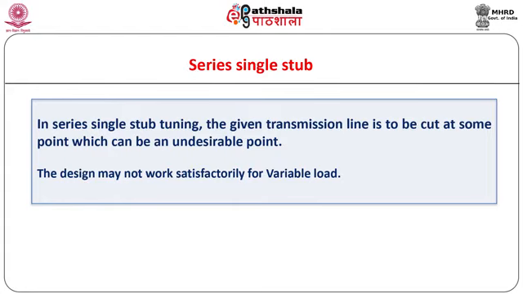In series single stub tuning, the given transmission line is to be cut at some point which can be an undesirable point. The design may not work satisfactorily for variable load. Due to these and some other reasons, this type of stub, though simple to design, is rarely used in practice.